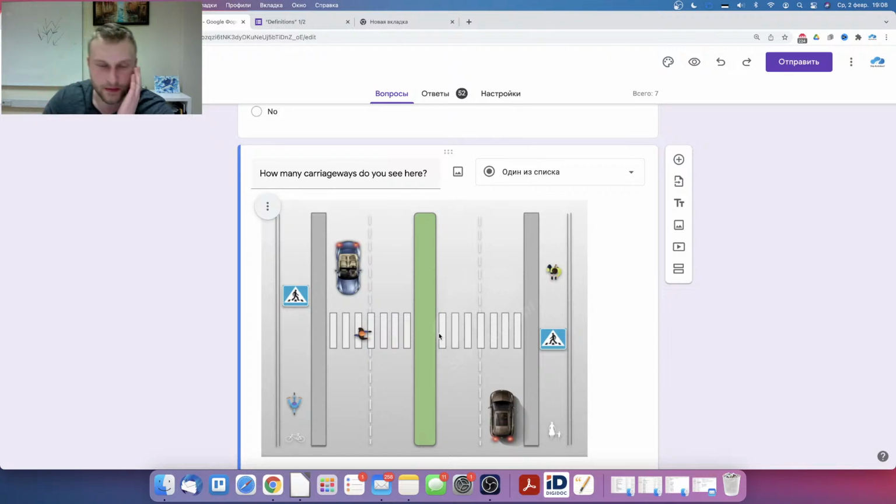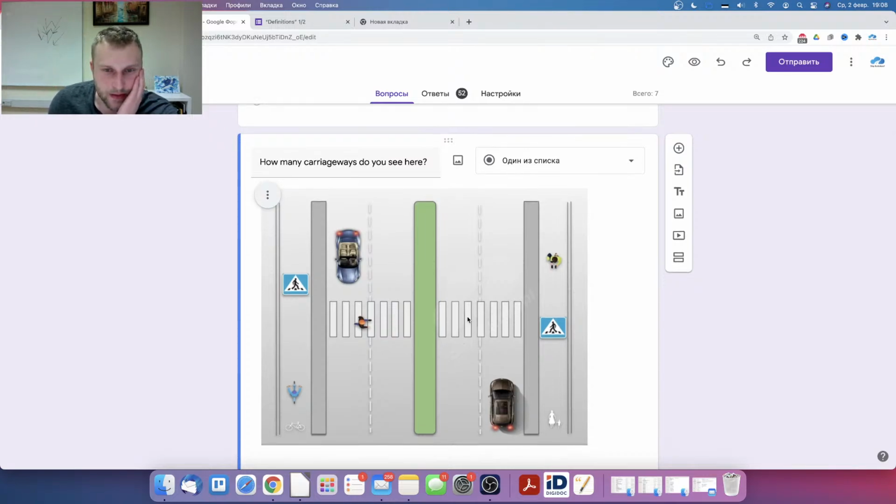If we consider this picture, we definitely have only 2, because it's divided by the dividing strip in the middle. So that's why we have 2 carriageways. If there's no dividing strip in the middle, then it's only 1 carriageway.